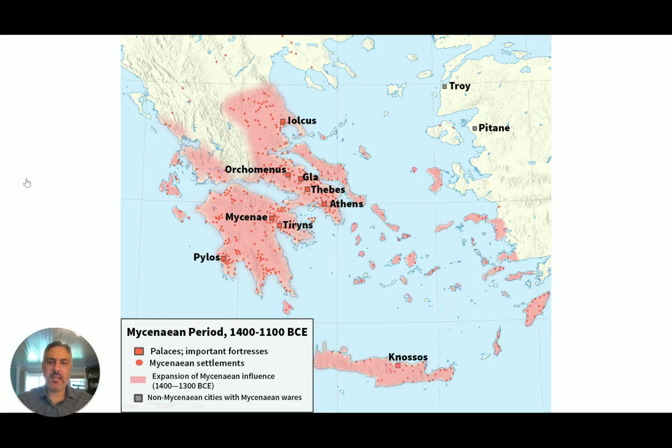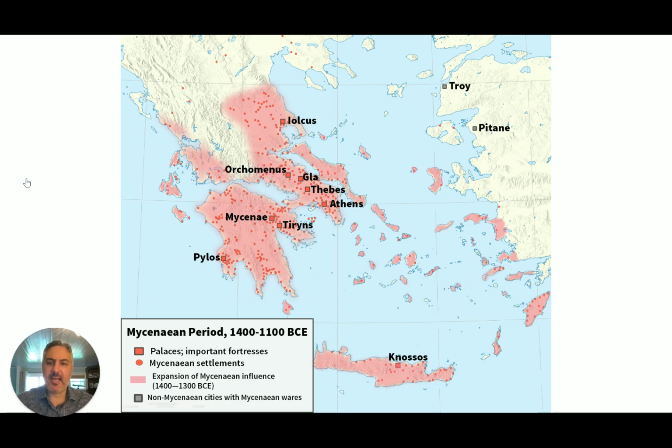But you can see the shaded parts of the map there, where the Mycenaeans eventually spread to. And so that's a good portion of the Greek-speaking world from the historical and classical period.